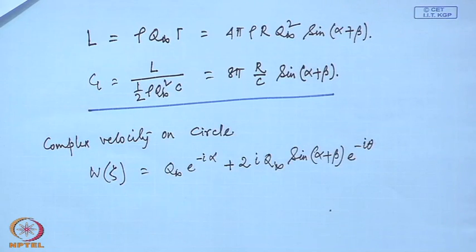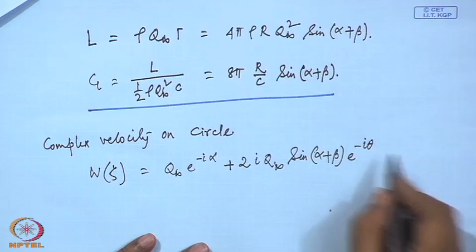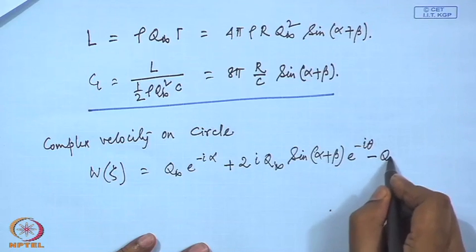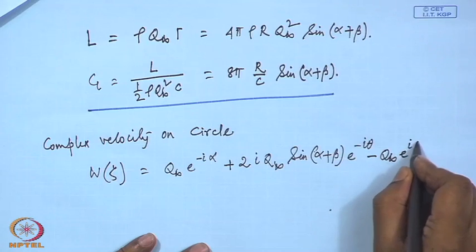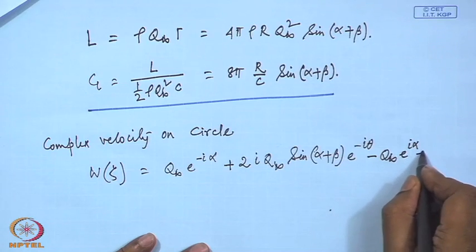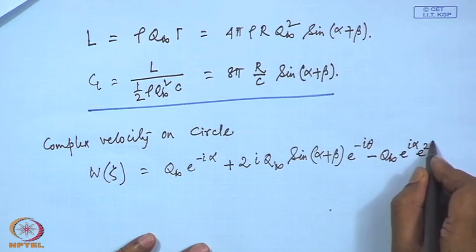Okay. And what happens to the last term? Last term is minus q infinity e to the power i alpha e to the power 2 i beta.